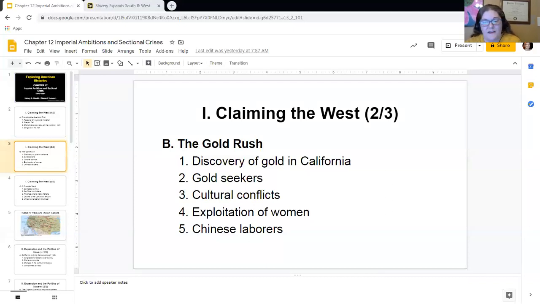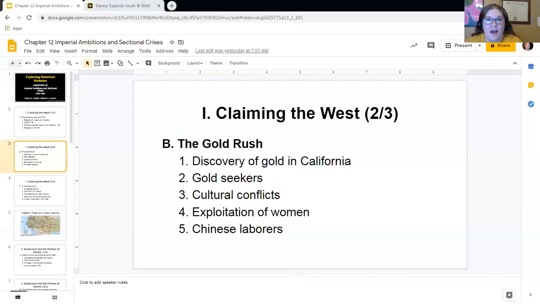Domestic and health needs of the miners created some work opportunities for women. Working in mines is not only incredibly dangerous physically, but it's also very, very dangerous for your health with the things that you are breathing in. Dust, gold, dirt, explosives, corrosives, those sorts of things.